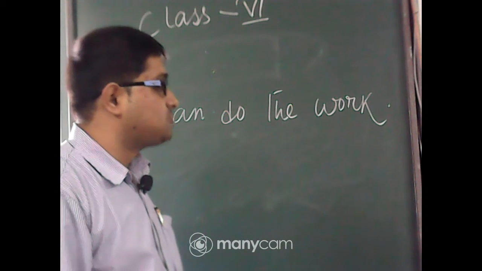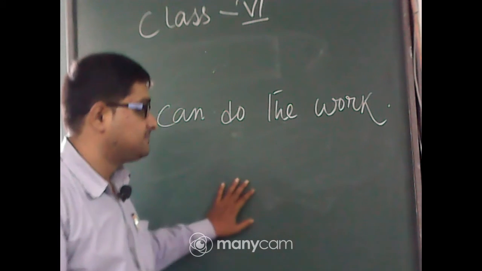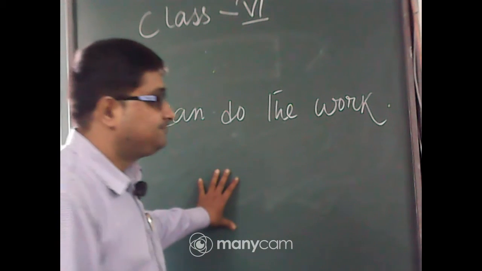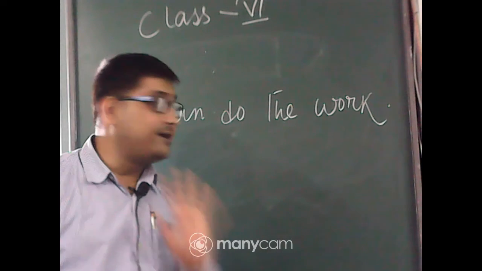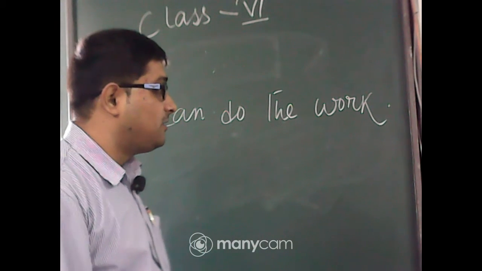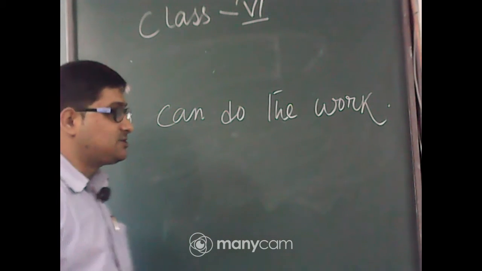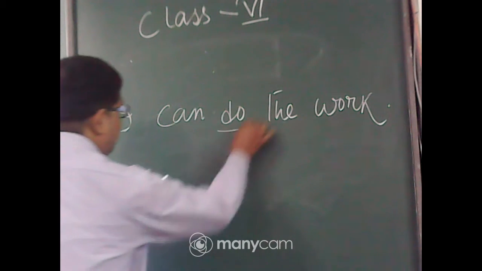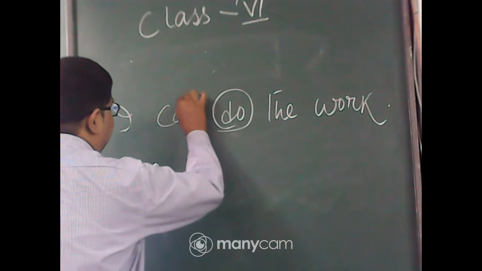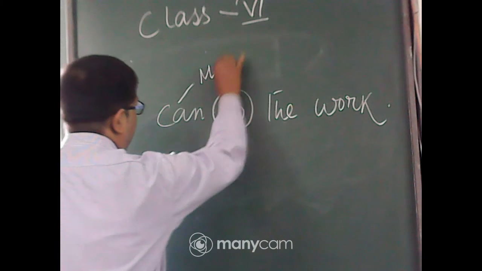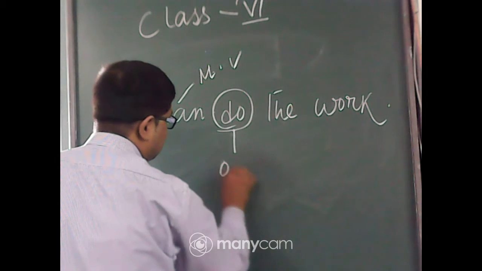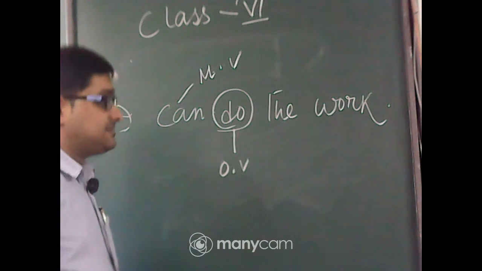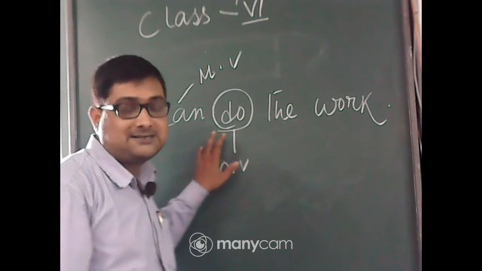Yes, can, as you know, but what is the main verb? Yes, Tanishta has written, do is the main verb, and can is the modal verb. Here it is the ordinary verb, or this is known as the finite verb.